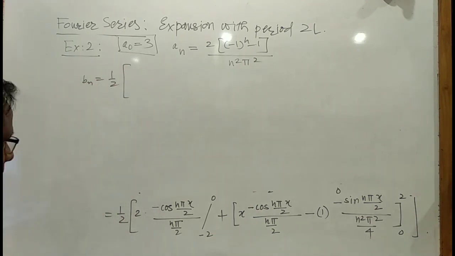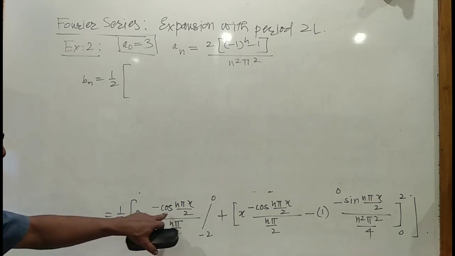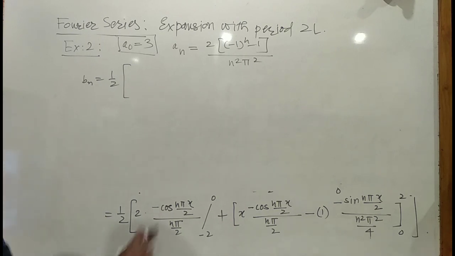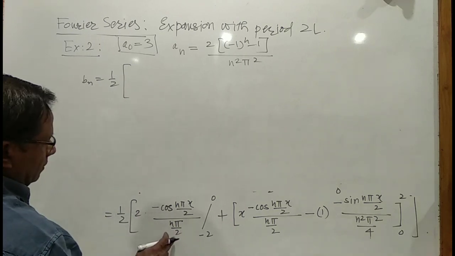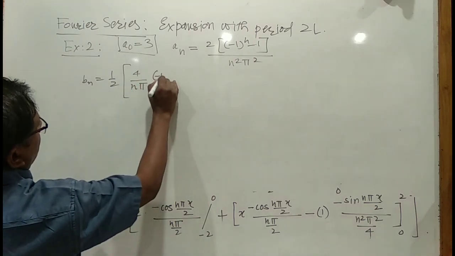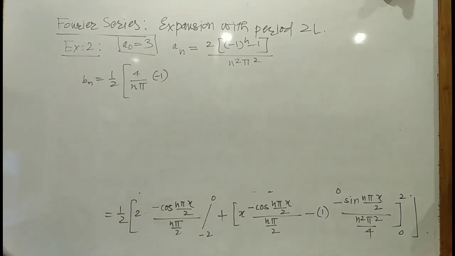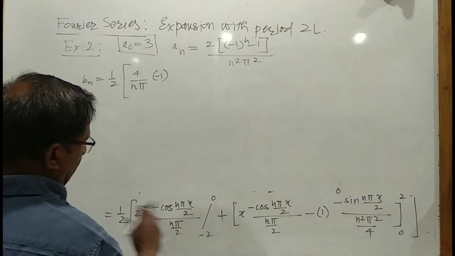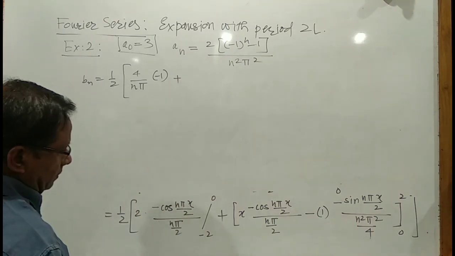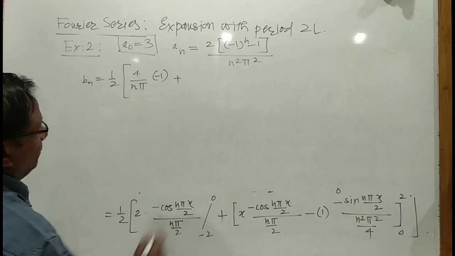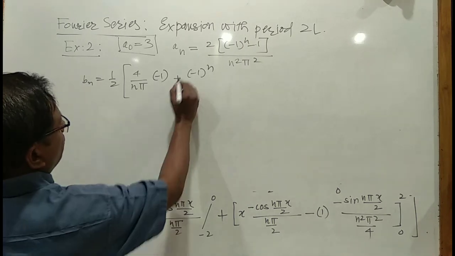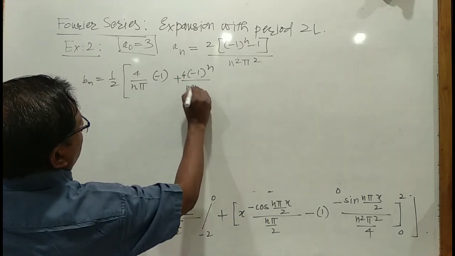Now, when I put upper limit 2 into minus of cos 0 is 1, so that becomes minus 1. So 4 upon n pi into minus 1. Okay. And when you put lower limit minus, minus, this becomes plus cos of n pi. Minus n pi means cos n pi, that is minus 1 raised to n, and here remains 4 upon n pi. Okay.